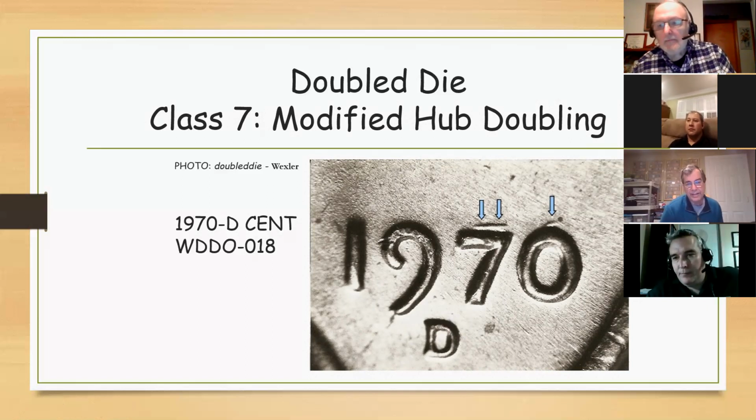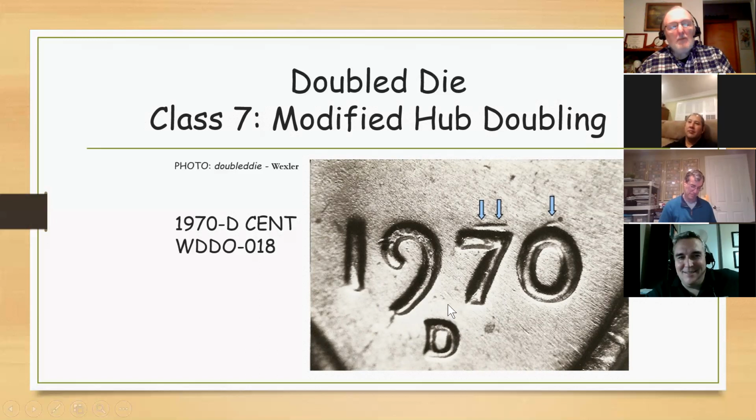Quick question. How many 1970D cents do I have to check before I'll find one? Are we talking like, there's 20 of them known, or is there hundreds of them known? With this one here, there's probably, from what I recall, about 50 to 75 known.